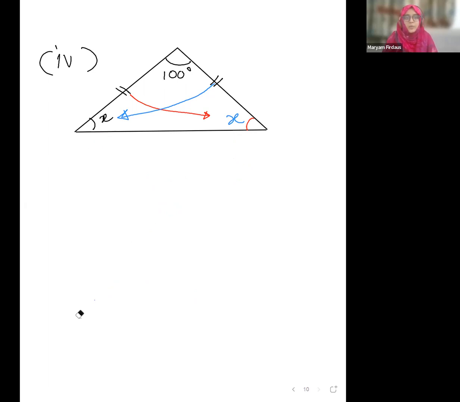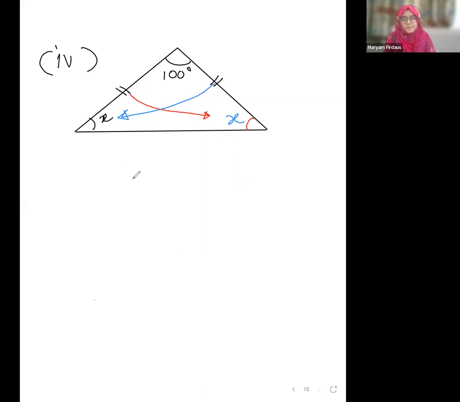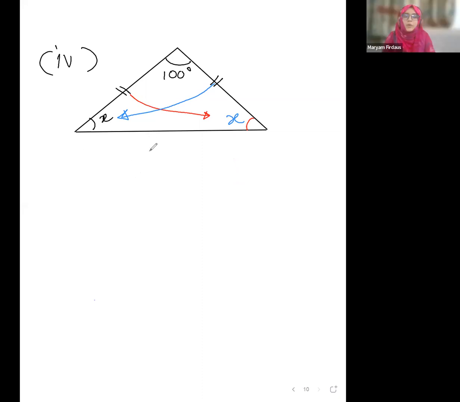Now use the angle sum property and tell me, what is the angle sum property, beta? What do I write now? Will it be 80? Just tell me what to write here.